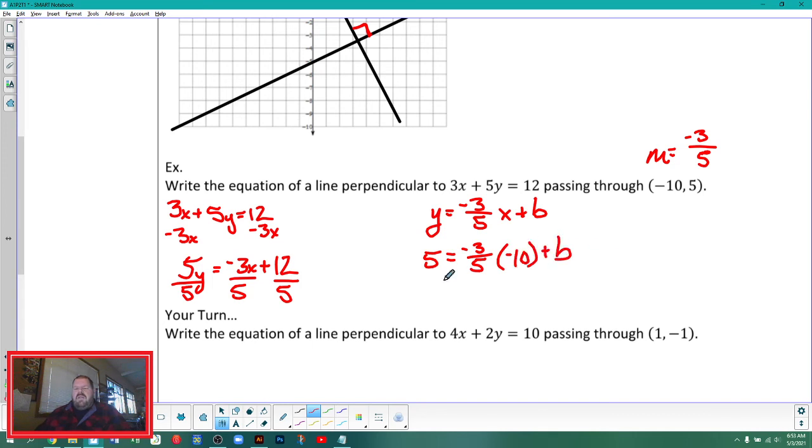And we get plus b. Negative 10 times 3/5. Well, the 5 and 10 kind of cancel. And it gives me a 1 on the bottom and a negative 2 on the top. So this really turns into negative 3 times negative 2. So we get positive 6. And we've actually dealt with this today. When I subtract 6, I get negative 1. So we get y equals negative 3/5 x minus 1.